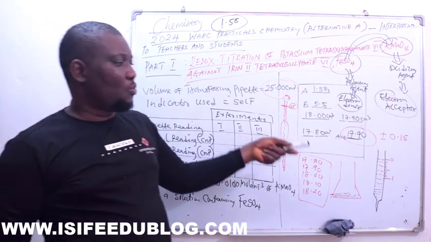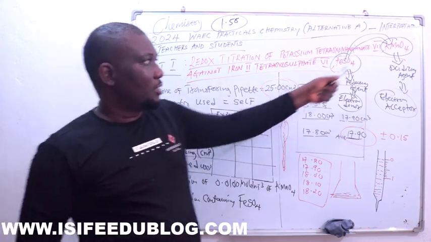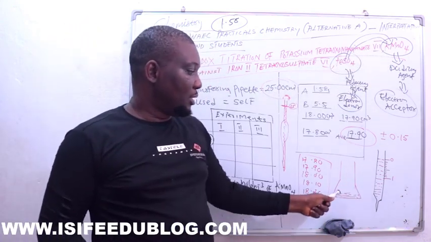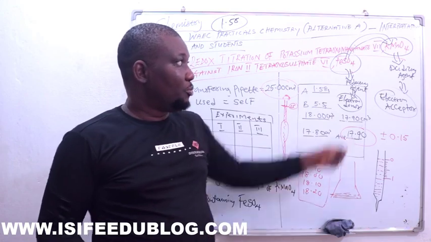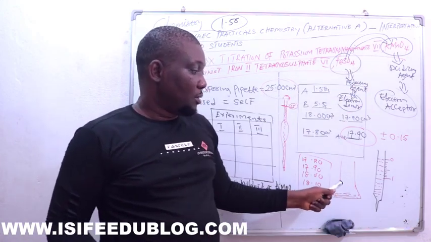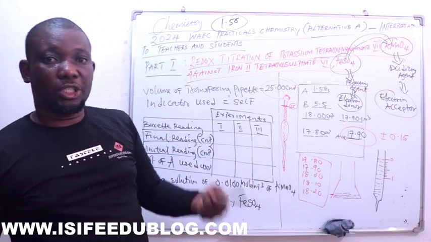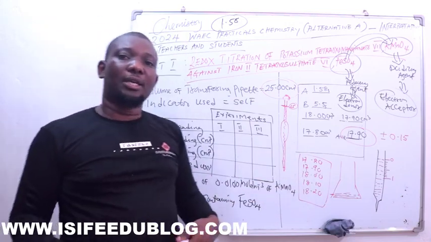This titration is one in which the KMnO4 needs H plus ion to be able to be reduced. So that H plus ion will be furnished or supplied even by WAEC.